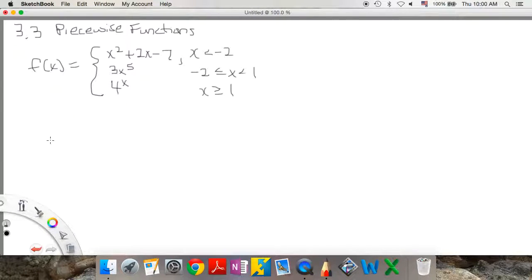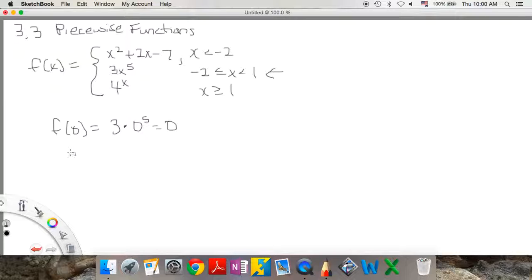So if we want to find a particular value, for example, if we want to know what the function's value is at 0, we have to look at the piece that contains 0. So this is the piece that contains 0, so we plug it in there. We have 3 times 0 to the 5th, which is just 0.